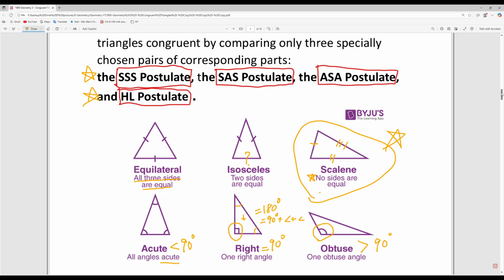And how about the other 5 types of triangles? Yes, I will use this one to show you the postulate for HL, because HL is actually with an angle of 90 degrees. It's a right triangle. So I will choose only 2 triangles to show you the concept of the postulate.